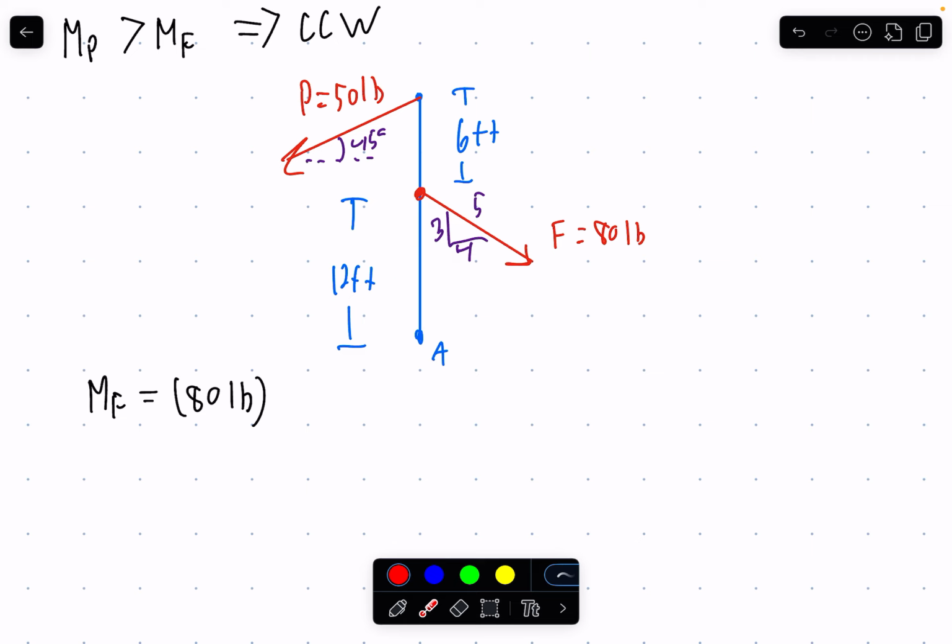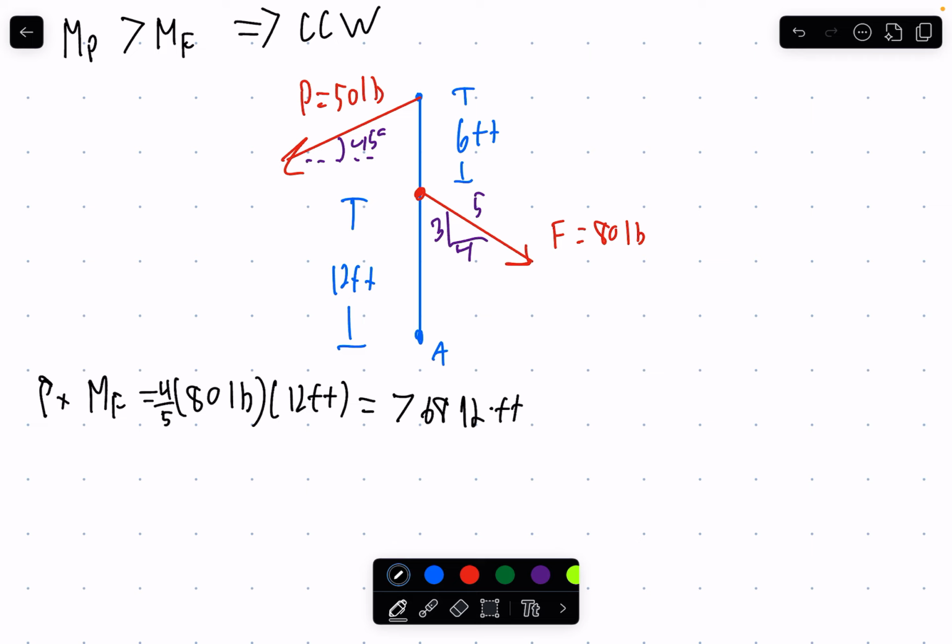We find the horizontal component by 4/5, using that right triangle, and it's acting at 12 feet from point A. If you plug that into your calculator, you should find that's a 768 pound-foot moment.